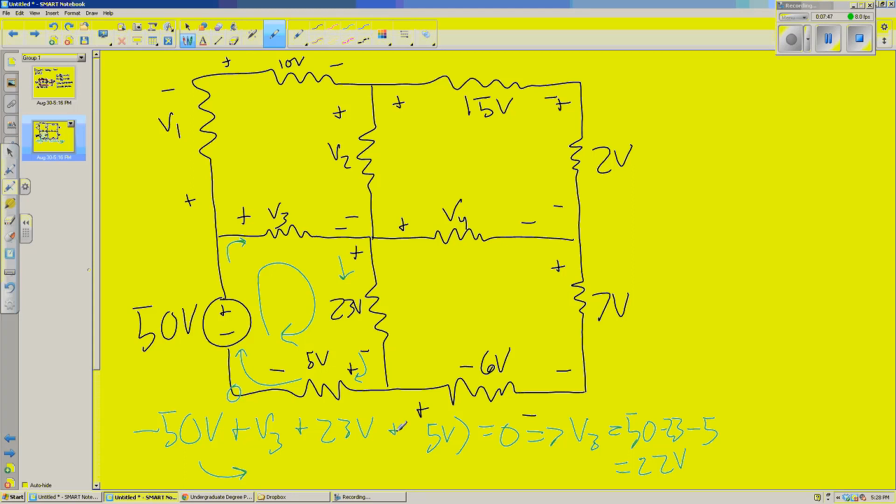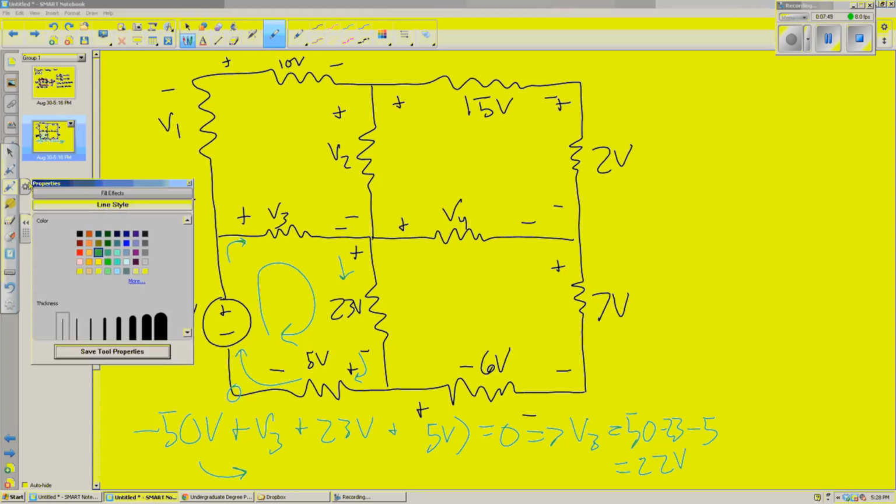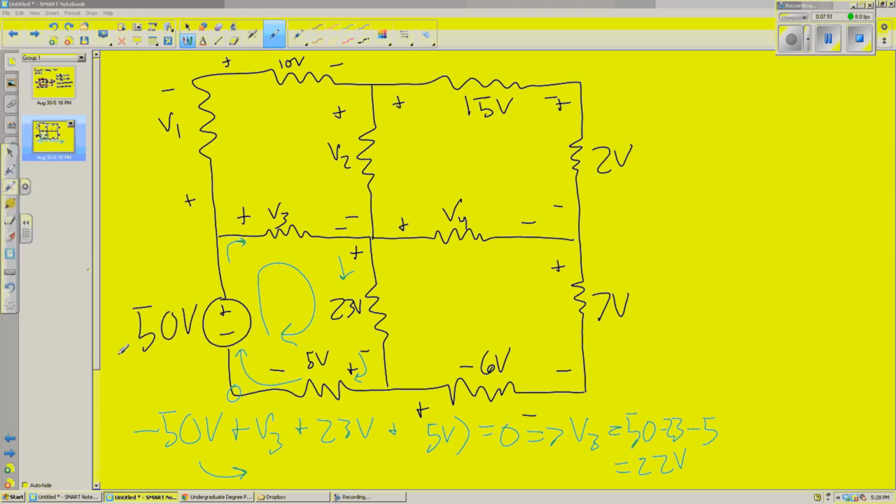Let's do another loop. I think I've got enough room. Let's find the voltage along the path of, well, let's see. We don't know V1, but we do know V3. So why don't we do just the outside? Up like that, and around, and then back around this way.